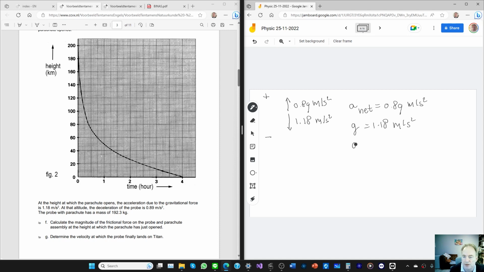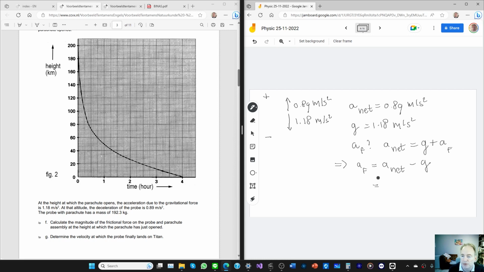So what is this acceleration due to friction? Well, we know the net acceleration and we know the acceleration due to gravity. So the net acceleration should be the g plus the acceleration due to friction. In other words, the acceleration due to friction is the net acceleration minus the acceleration due to gravity.